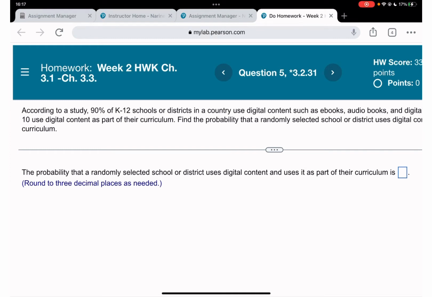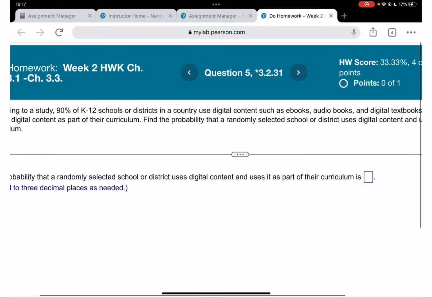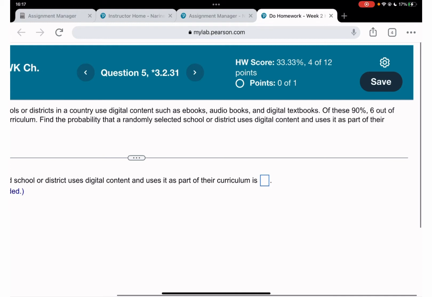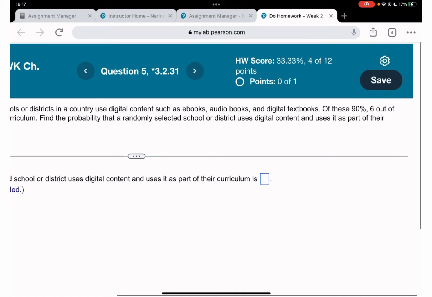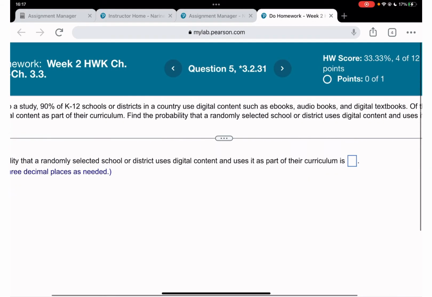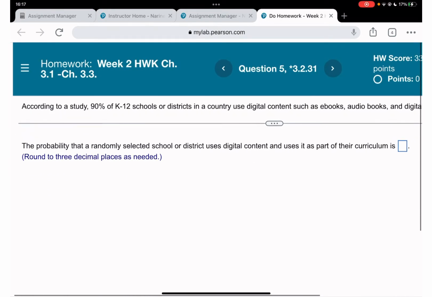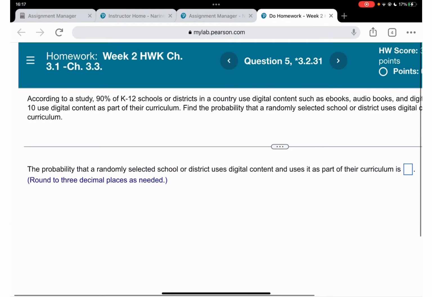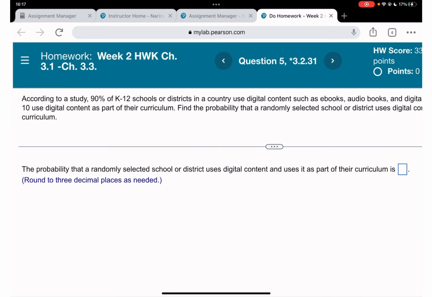All right. According to the study, 90% of K-12 school or district in a country use digital content such as ebook, audiobook, and digital textbook. Of these 90%, 6 out of 10 use digital content as a part of their curriculum.